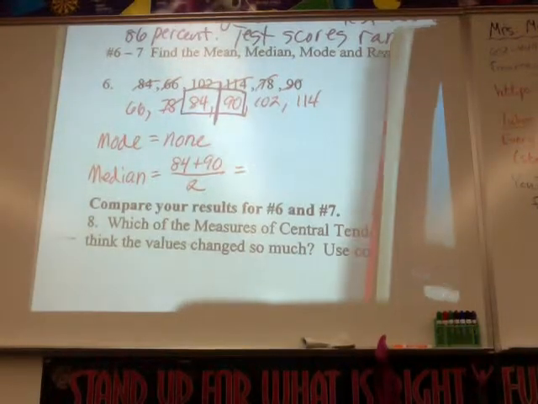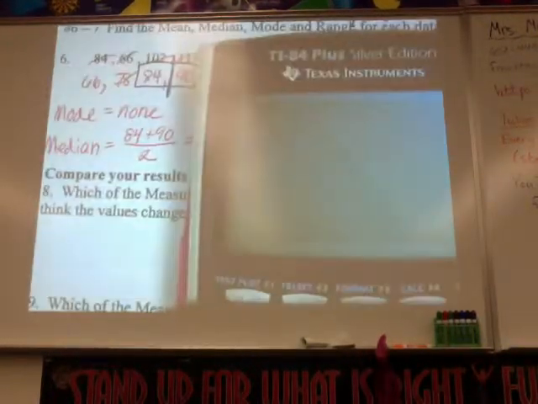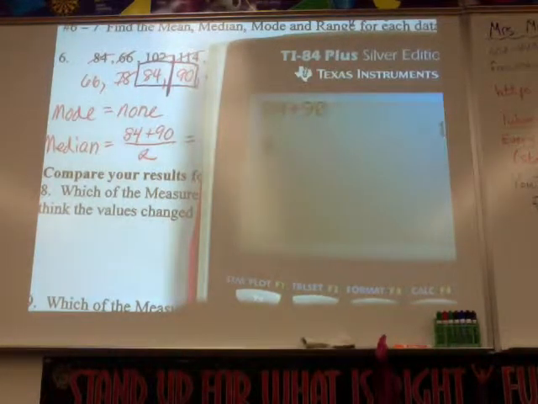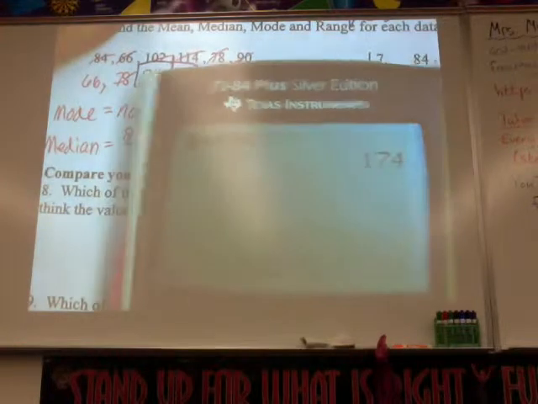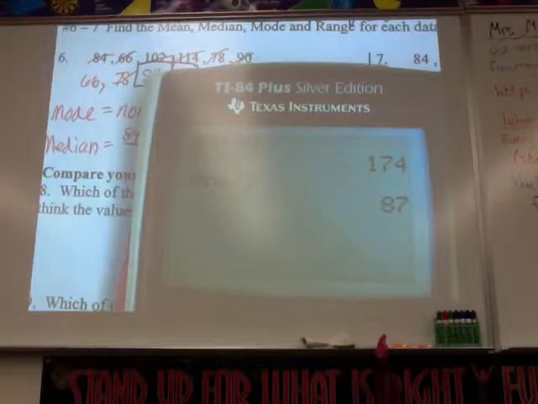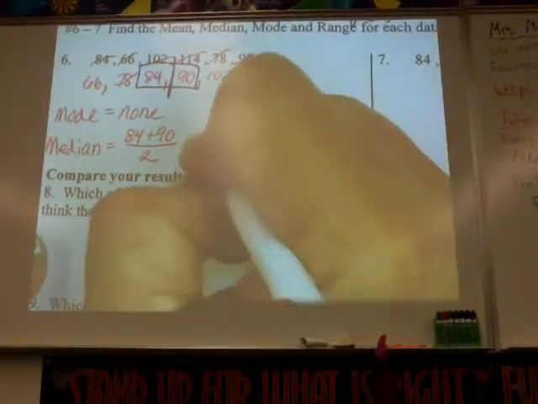So on your handy dandy calculator, 84 plus 90, you can't see that, is 174 divided by 2. You better get a number that's between 84 and 90. If you don't, you did something wrong. Does 87 seem reasonable? Okay, so that's our median.